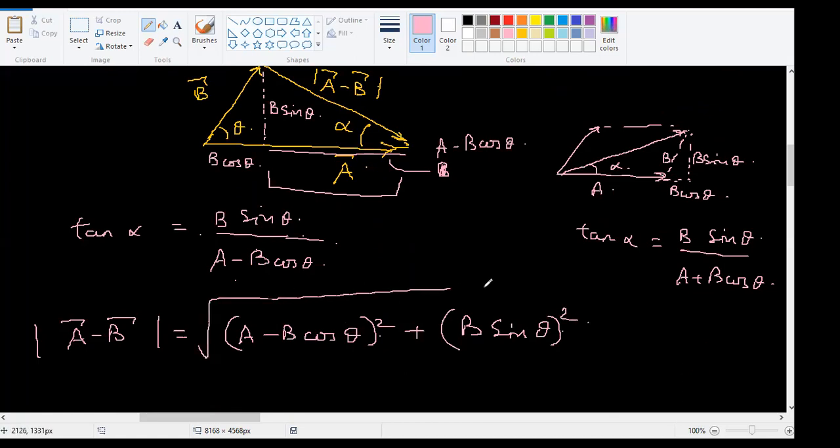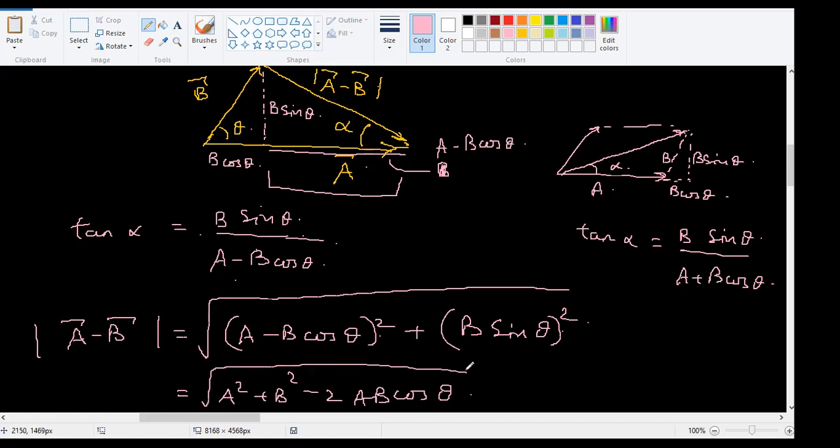Again, you will get the same thing except for the minus 2AB, because you have minus here instead of plus. So you'll be getting A squared plus B squared minus 2AB cos theta.